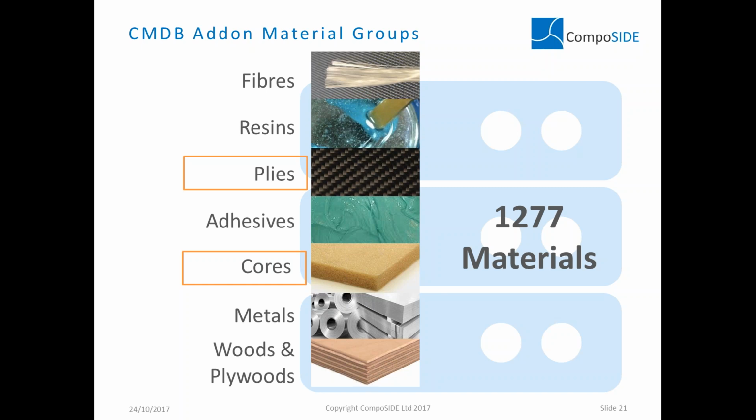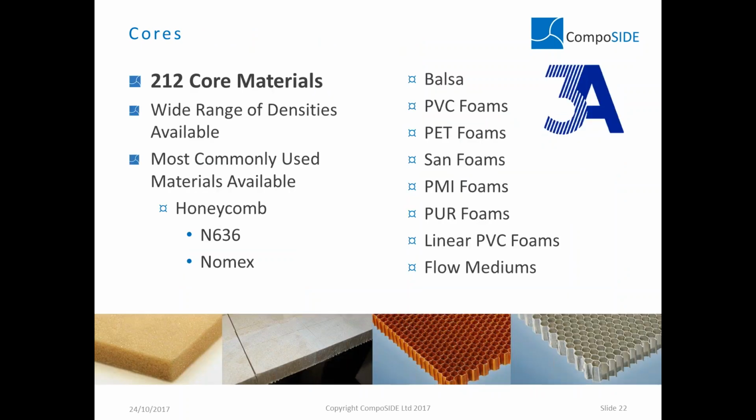And when we focus on the plies and cores, we can have a look in a bit more detail. With the cores, the range and variety of cores is quite large, and the CMDB add-on gives you access to all of these. It's not always obvious how different types of cores can impact the design, but having that data allows you to compare those options.